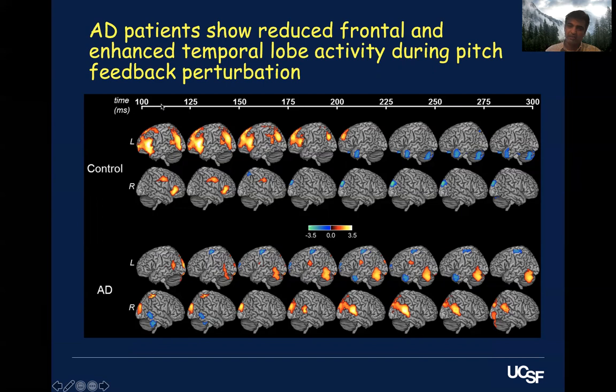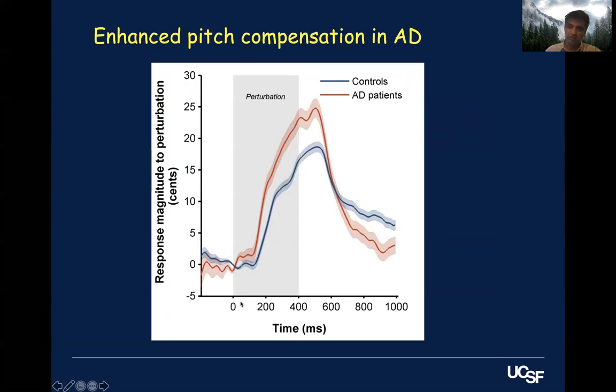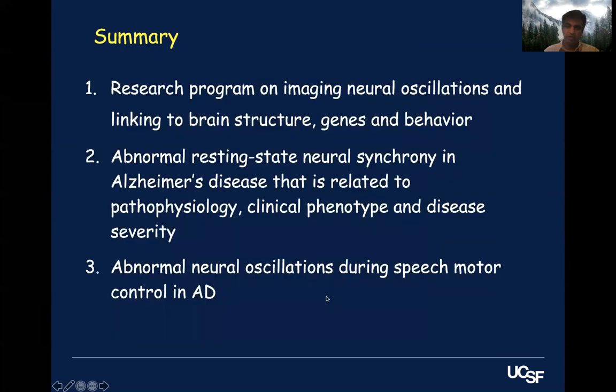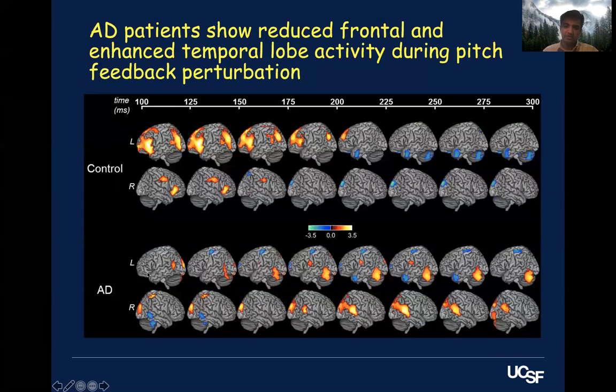And we can measure activity dynamically in this period from 0 to 400 milliseconds. And what we can show is that patients with Alzheimer's disease do not activate certain regions like the left frontal part of the brain. And in compensation, they over-recruit these right posterior parts of the brain. And that's what contributes to their abnormalities in this particular pitch control behavior.